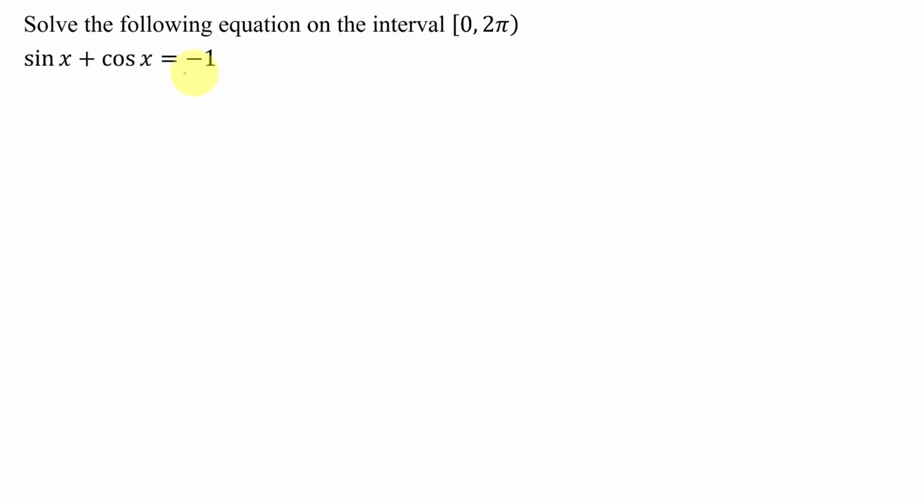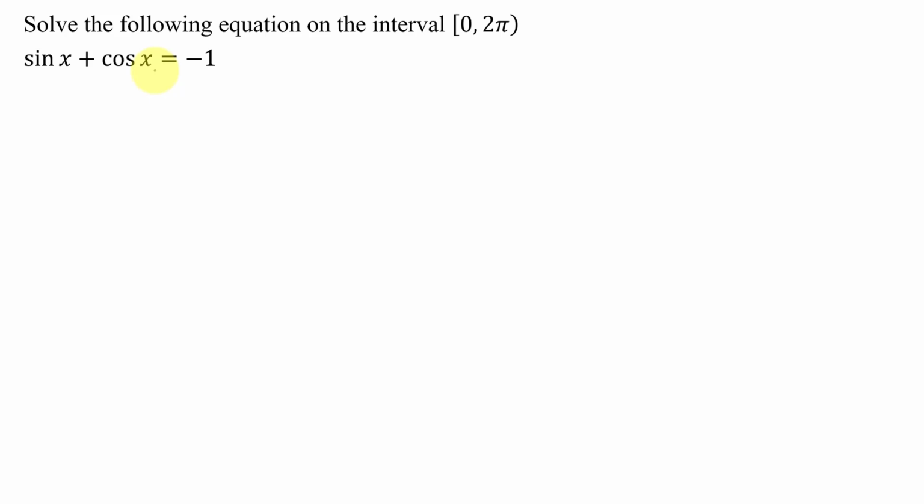Initially, this looks like a fairly simple trig equation, but in fact it's one of the more complicated ones to solve. Because what we want to do is write this trig equation in terms of just one trig function. And there's no easy way to write cosine x in terms of sine x or sine x in terms of cosine x.